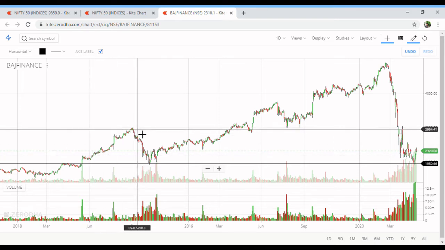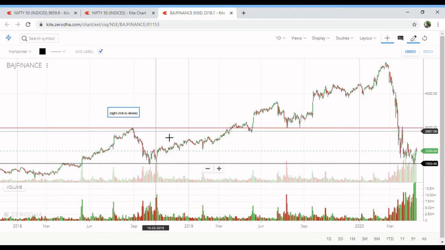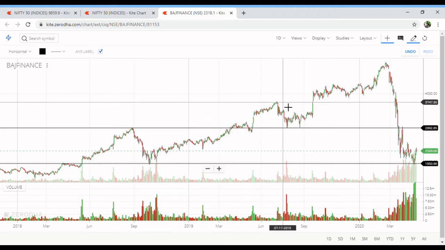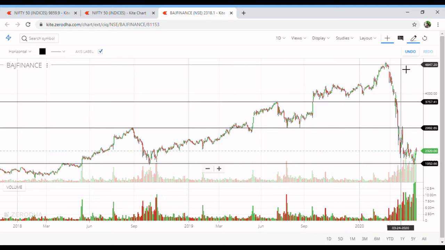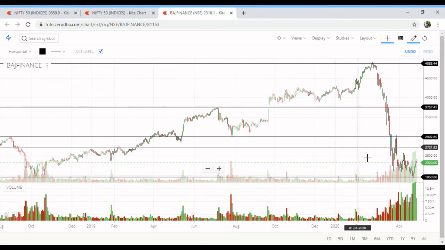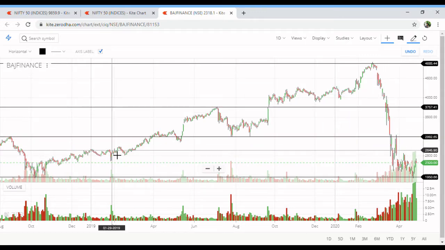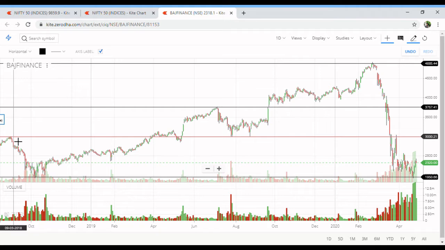Here we can see the level where the market moved up to a higher level and then started moving down from here, so we'll mark this level as well. One more level you can find is this one, which is the major top. Due to COVID, the market started falling, and you can see that this level, which acted as a resistance once, acted as a support over here.